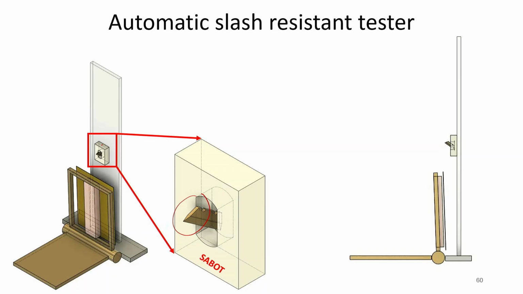The material is placed at a certain angle. This is the sabot, and here is the projected blade. Now, the fabric specimen is kept, and the copper bar is there for identifying the penetration.